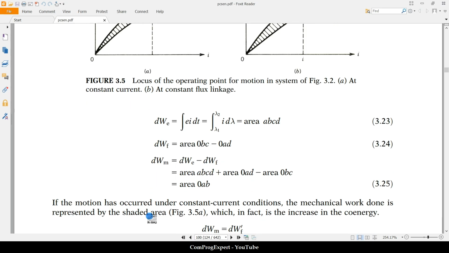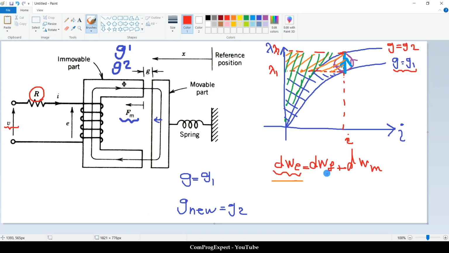So how much is the change in the mechanical energy? dWf is the hatched area, blue minus the green one. So dWm is equal to dWe minus dWf.